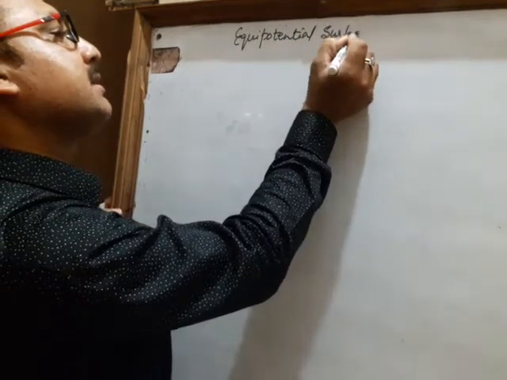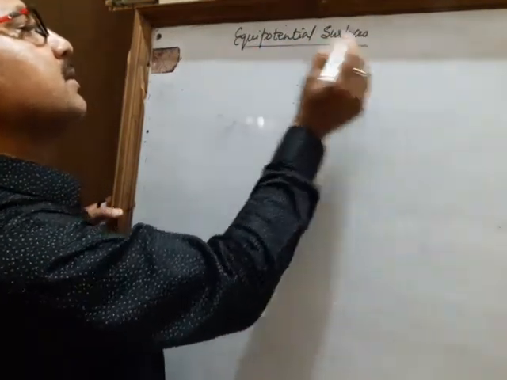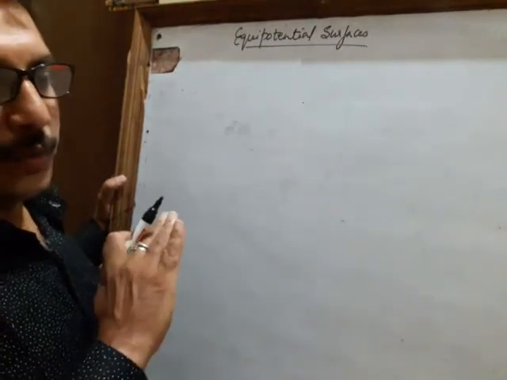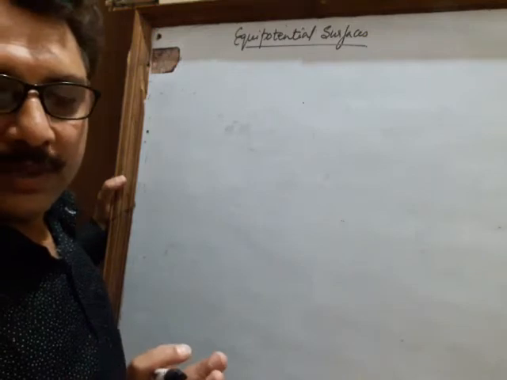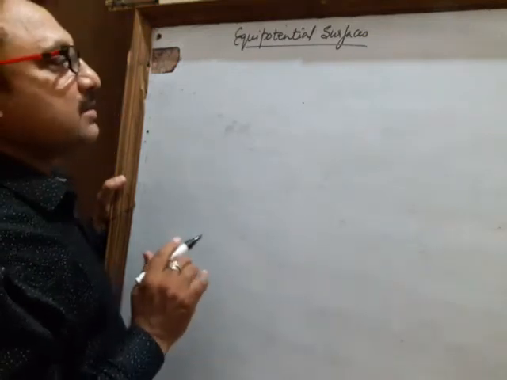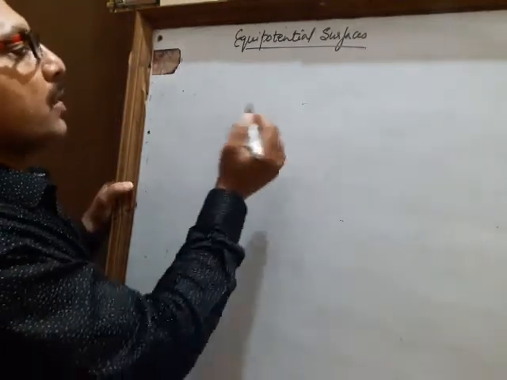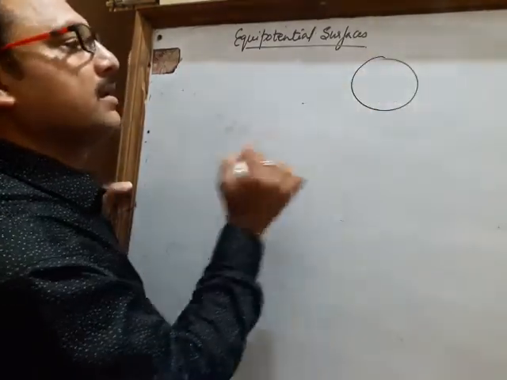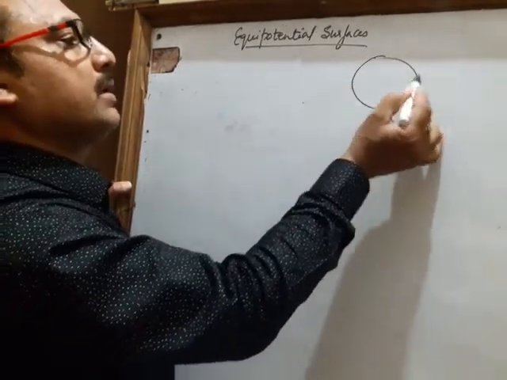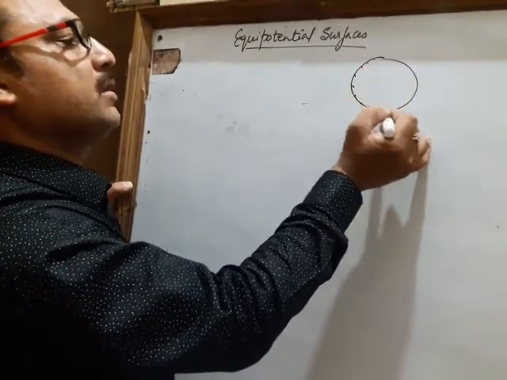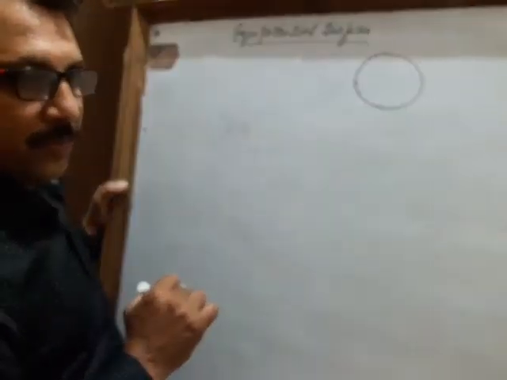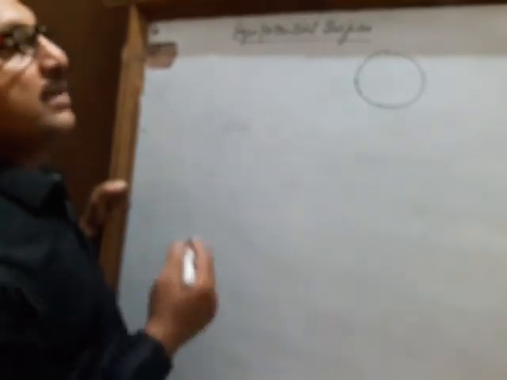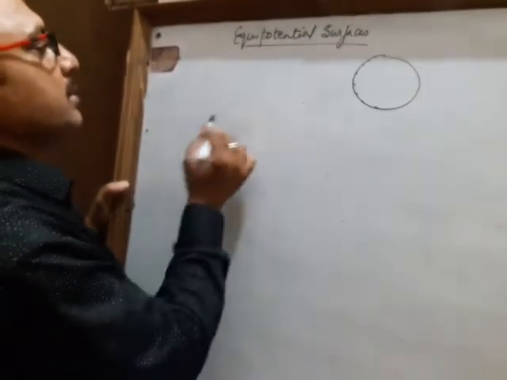As the name indicates, the surface where the potential at every point is the same, that is known as equipotential surfaces. So a surface, you can say like a conductor, like a sphere. At every point on the sphere, the potential remains the same. Or in space also, you can take any surface where the potential is same throughout.